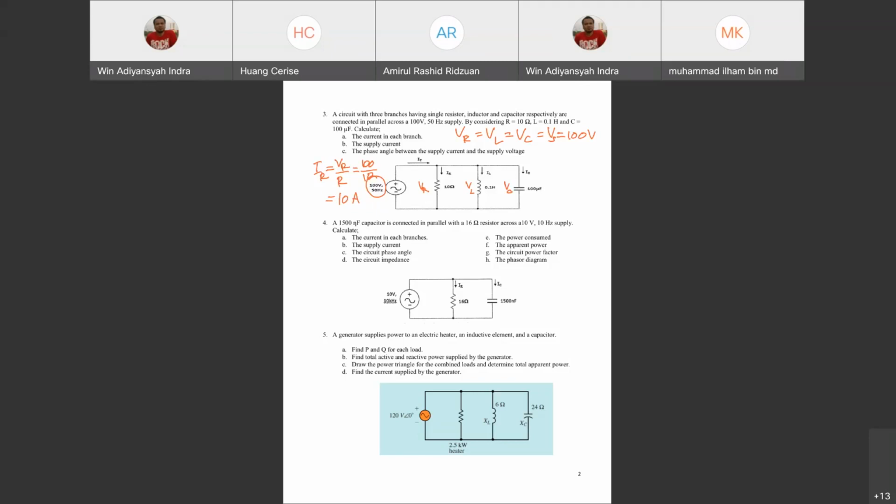What about IL? IL equals VL over XL, the inductor reactance.